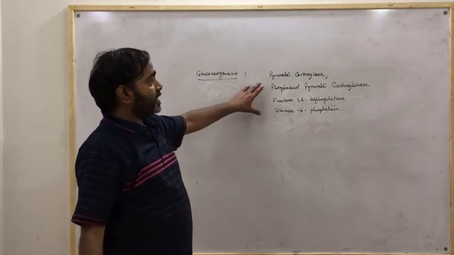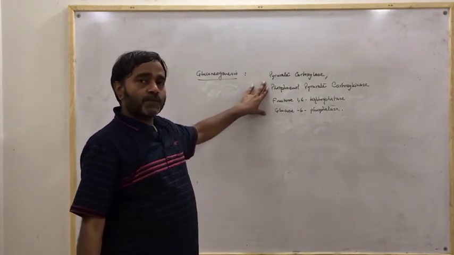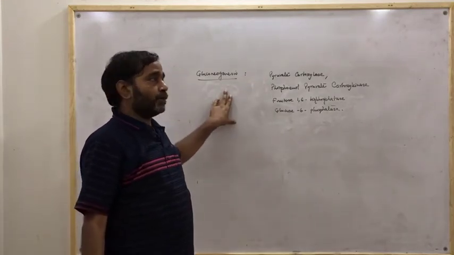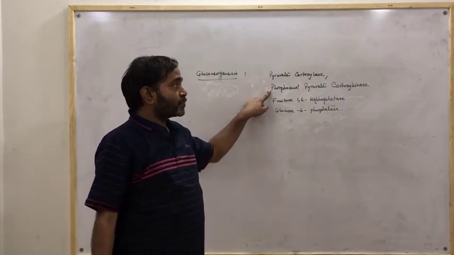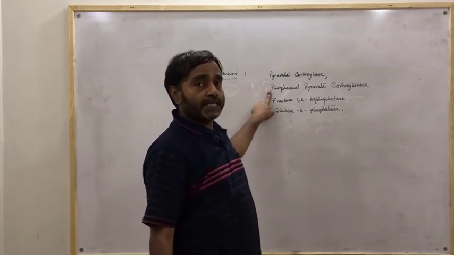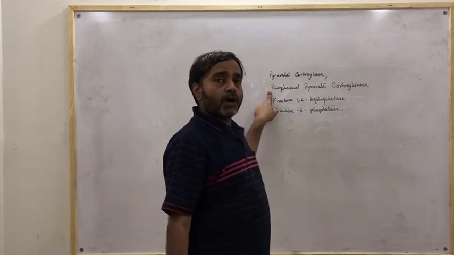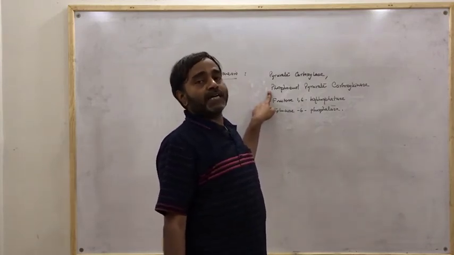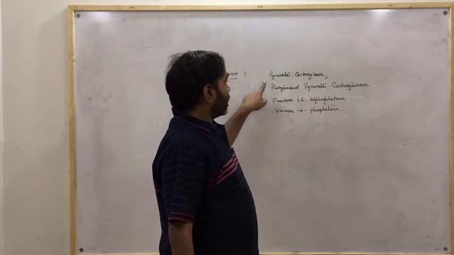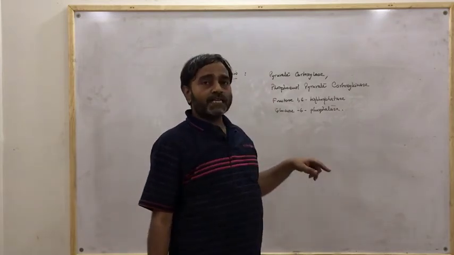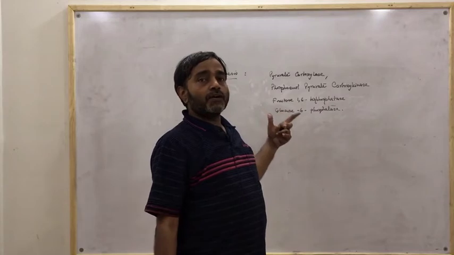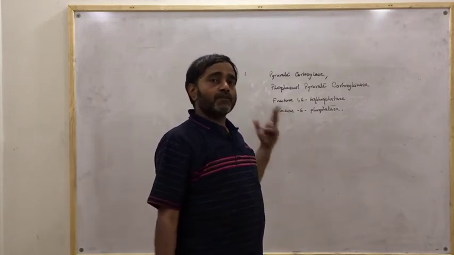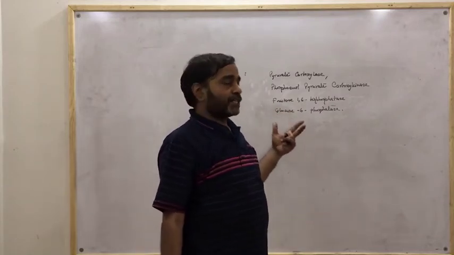So these are various enzymes which are responsible for carrying out gluconeogenesis. As we know, phosphoenol pyruvate carboxykinase causes the conversion of oxaloacetic acid into phosphoenol pyruvate directly. Likewise, pyruvate carboxylase causes the conversion of pyruvate into oxaloacetate, that is oxaloacetic acid.